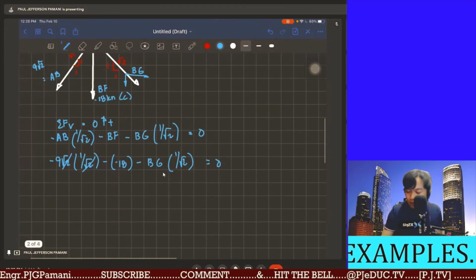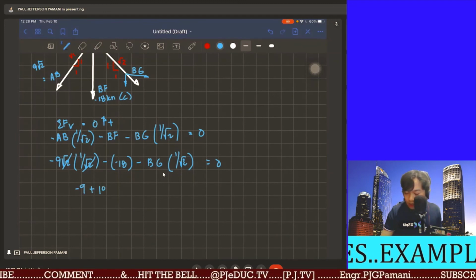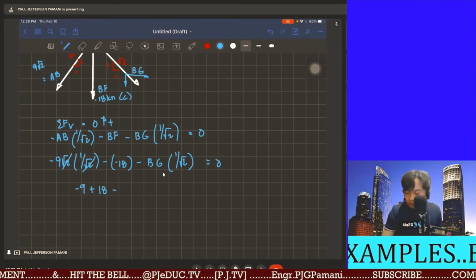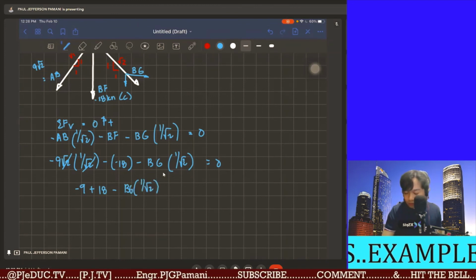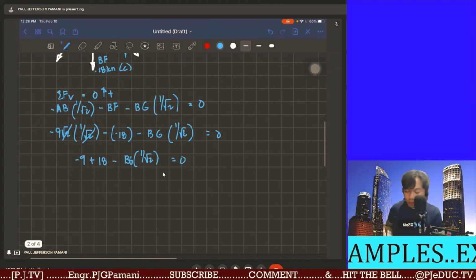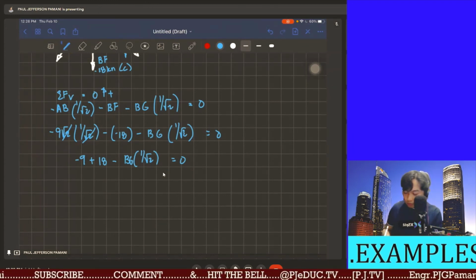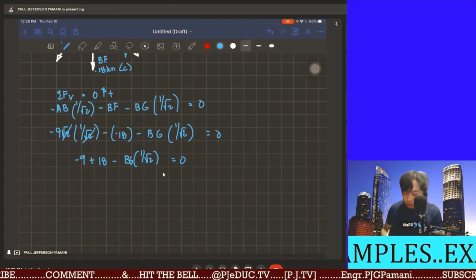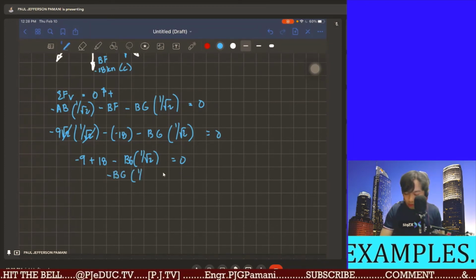Simplify, that is negative 9 plus 18 minus BG of 1 over square root of 2 equal to 0. Negative 9 plus 18 is 9 kilonewton.